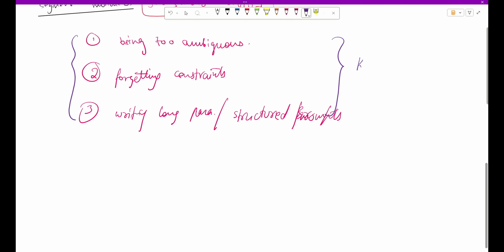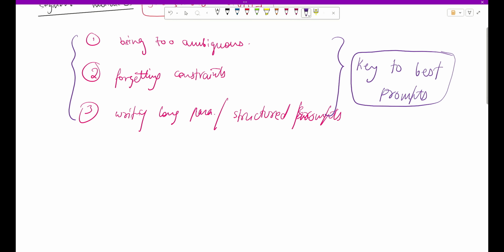I can just mark it as the key to best prompts, be it any AI model: ChatGPT, Llama, Google Gemini, Claude, Sonnet, whatever it is. AI works best when your instructions are clean, clear, not cluttered, structured, and you are giving precise constraints.